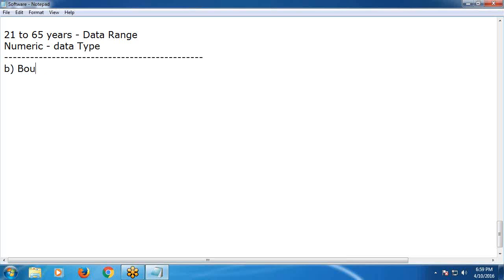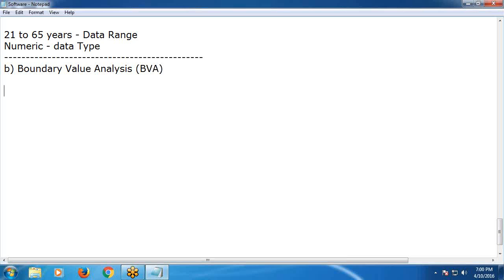Come to the second one: boundary value analysis, BVA. Actually, this boundary value analysis is an extension of equivalence partitions or equivalence classes.